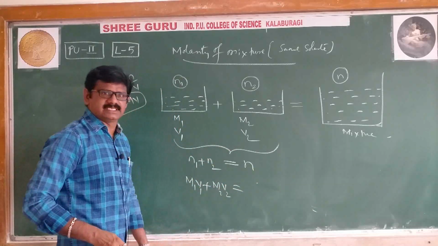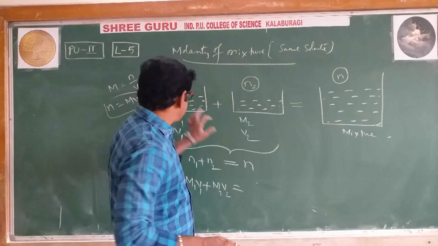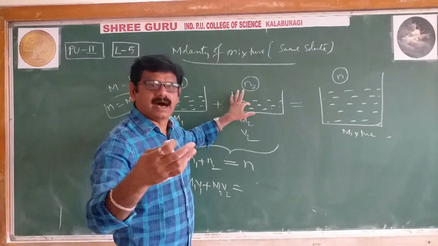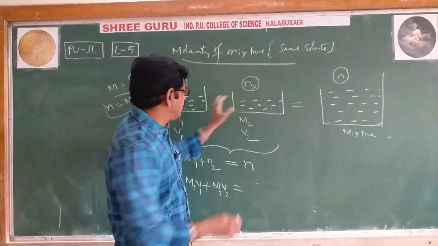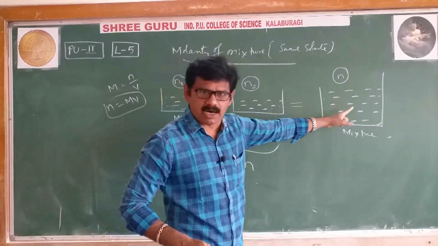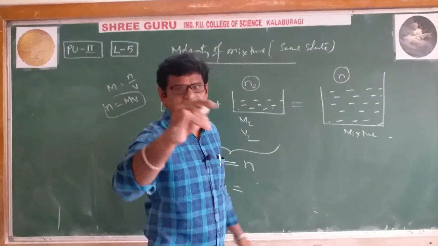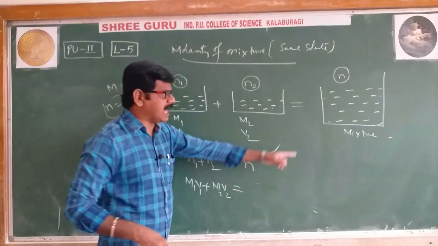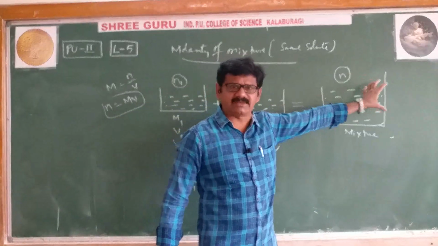For example, it is 50 milliliters, suppose, and it is also 50 milliliters or 60 milliliters, something. Both volumes we have dumped here, so the total volume should be V1 plus V2, remember. In that mixture, we have to calculate the molarity.